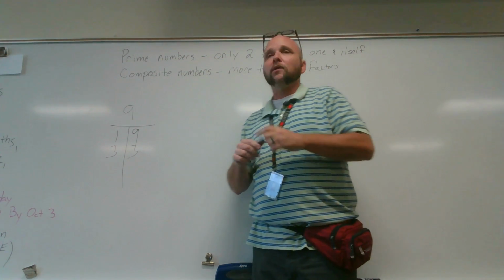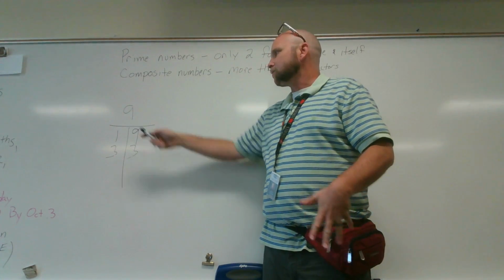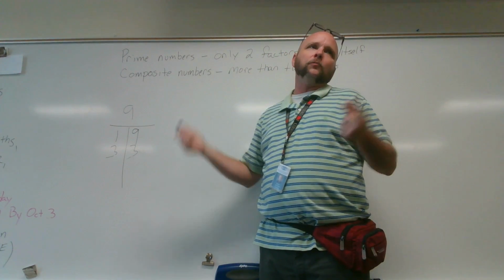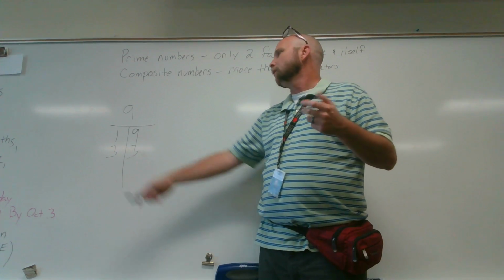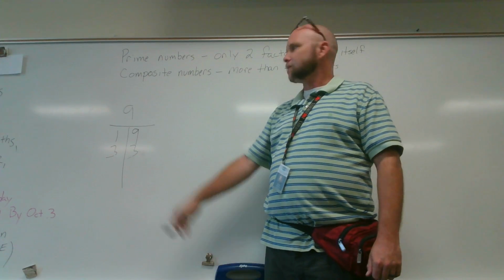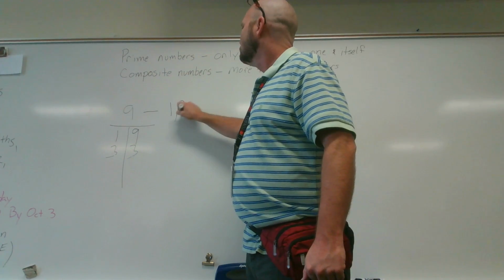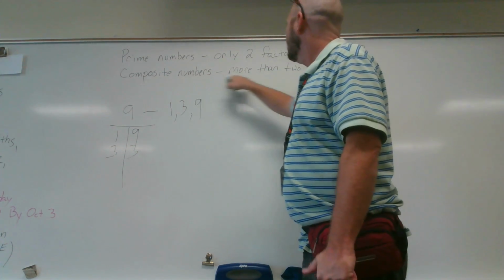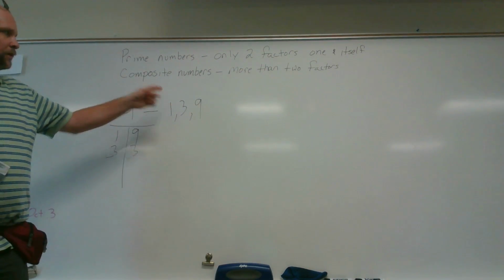Yes. Any other ways? No 4, no 5. I like to start with 1 times whatever the number is. Check if 2 can do it, check if 3, and once my two numbers get as close as they can get, then we're easy peasy. This is a composite number because the factors of 9 are 1, 3, and 9. So it has more than two factors.